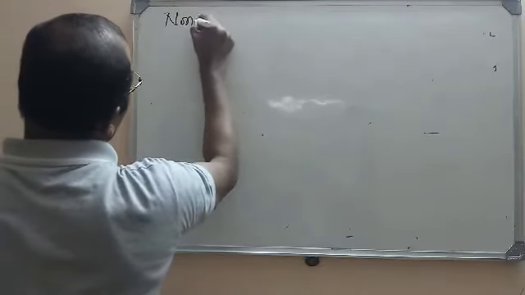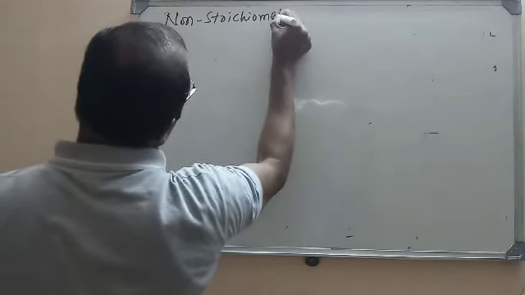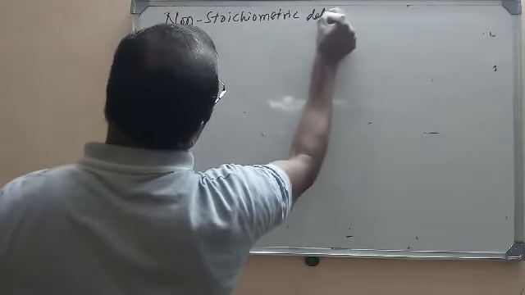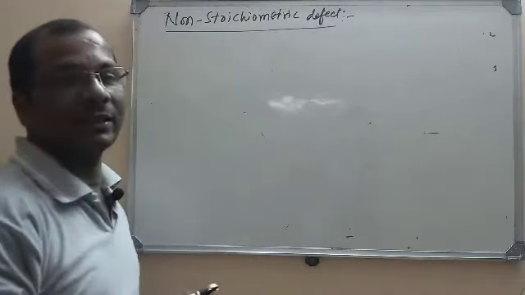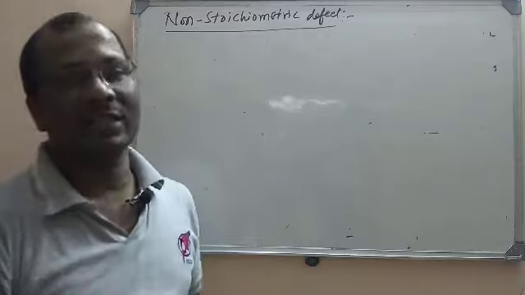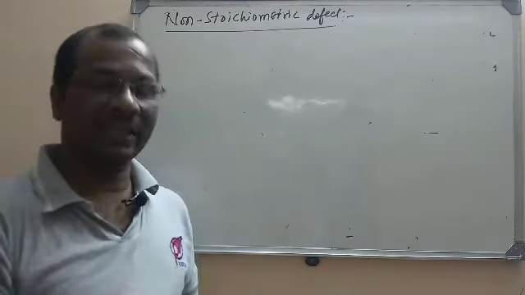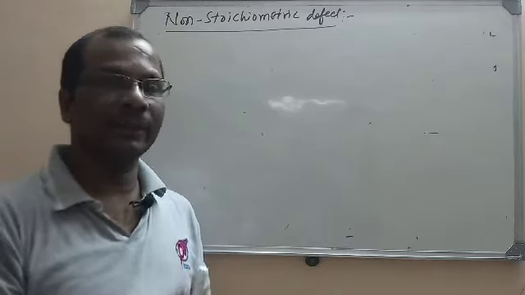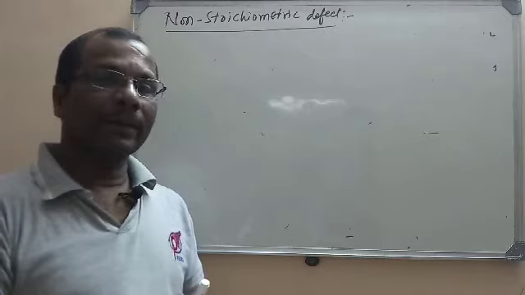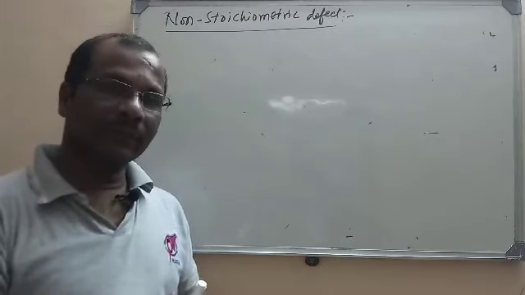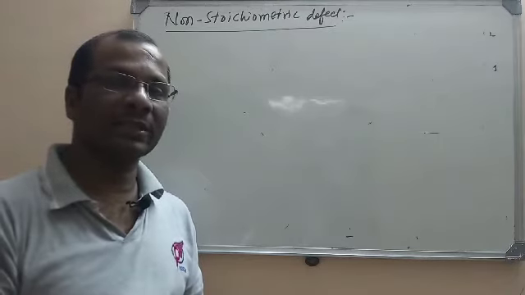Now let us go to the next point defect, that is the non-stoichiometric defect. What is a non-stoichiometric defect? A stoichiometric defect is one that does not disturb the stoichiometry. Stoichiometry means the ratio of the different elements. NaCl means its stoichiometry is 1 Na and 1 Cl, 1:1.